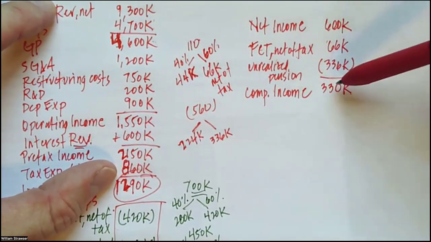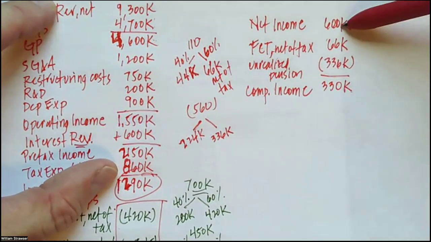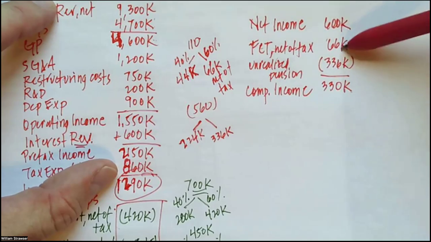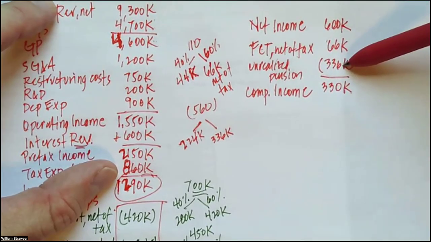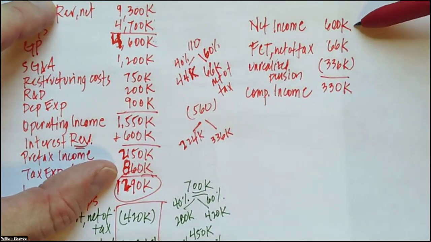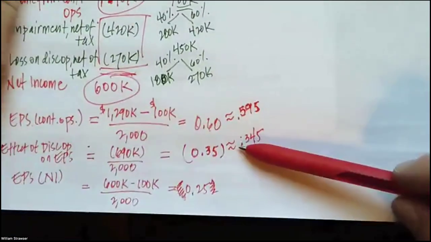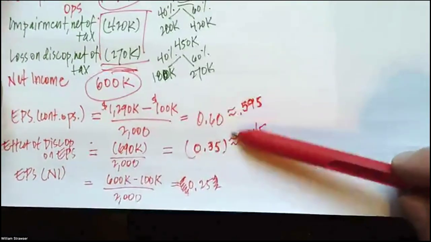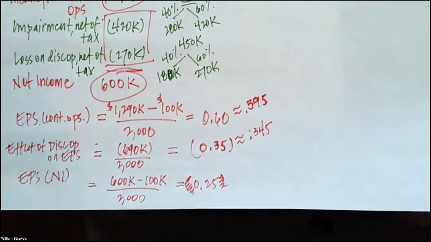I forgot the numbers I was using. But if this is screamingly low, a loss, and net income is great, showing profitability, we really don't care about what's going on here. The presumption is this will change given time, whereas net income tends to be a lot more steady than comprehensive income. Because of that lack of persistence in comprehensive income, it doesn't earn a spot in an EPS calculation.